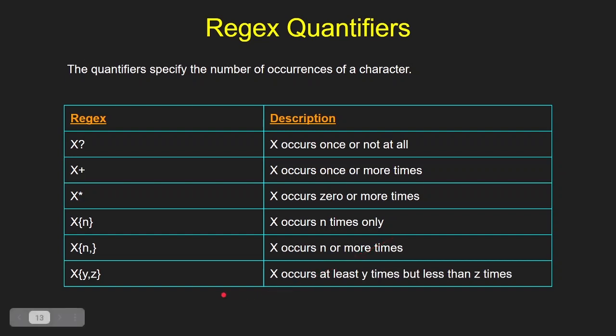Now it means like n or more than n. Okay. So plus we had, which means 1 or more. So now if we want to give a specific number, then we can do through n comma, which means n or more number of times. Similarly, y comma z, which means from y till z. Okay, it means at least y times but less than z times.